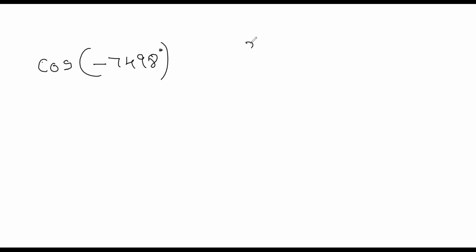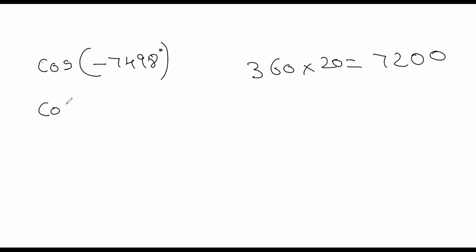You have to always take 360, not 180. 360 into 2 is 720, and 360 into 20 is 7200. So we can write it as cos of minus 7200 minus, what is the left out? 298.